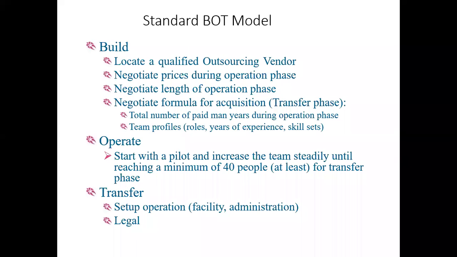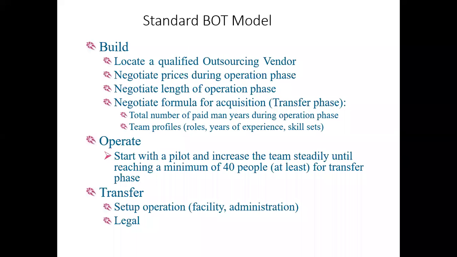Okay, and whatever this negotiation of prices is, that 100 crore, whatever the total cost is, whether that 100 crore is from the pocket or the government will provide 50 crore and 50 crore from the contractor side. Then if 50 crore is provided by the government, then for the remaining 50 crore, how long will the operation phase be?